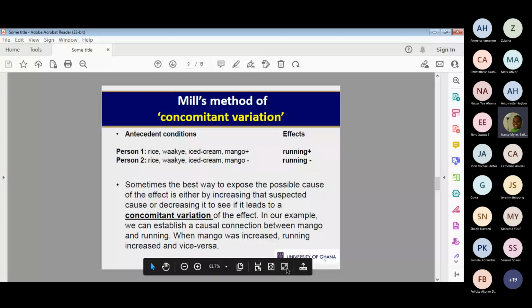And then Christiana took one glass also, and she was running as well. But we are not sure if it is the mango juice, or the ice cream, or the wache, or perhaps the rice that is causing the running. So the one we suspect, we increase it a bit more.